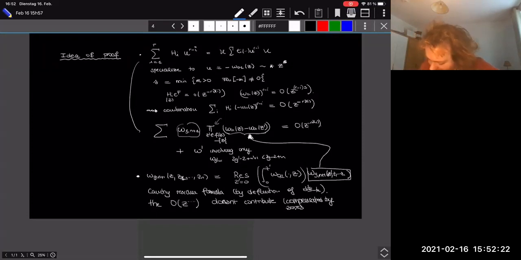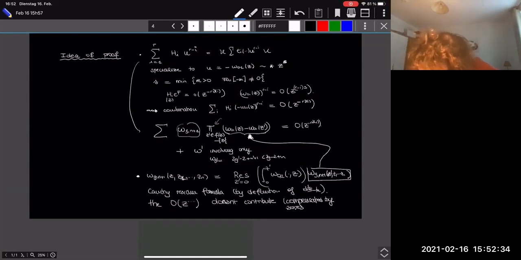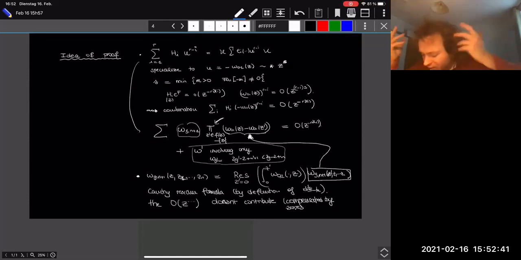And the role of that is to say that, to know what this formula means, to know omega g n plus 1, you just need to know its behavior at the poles. So it's a local computation. And for that local computation, you can use that information that tells you that omega gn is something that you already know, plus something that you only know has a pole of a certain order. And that order is going to make this term not contribute to that formula. And that way you get the recursion.